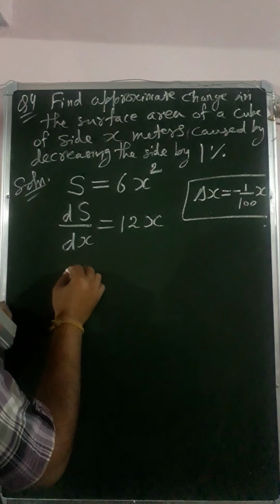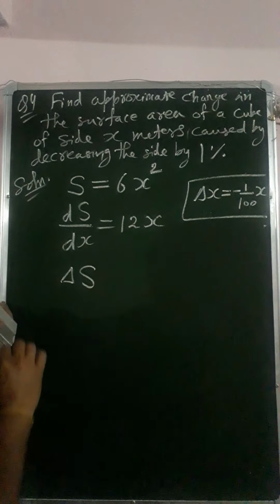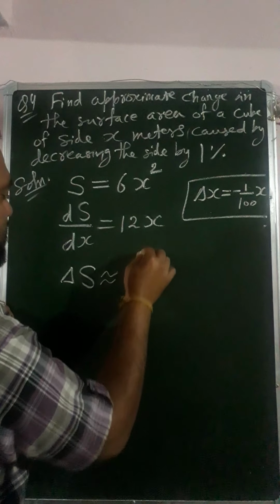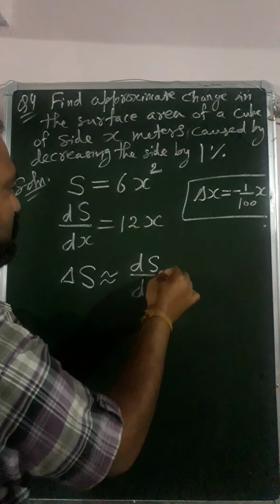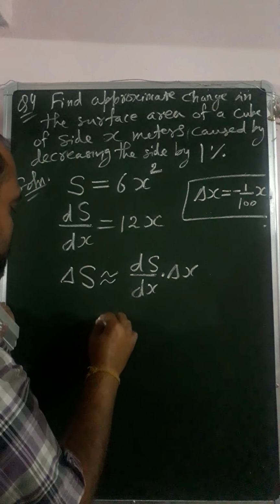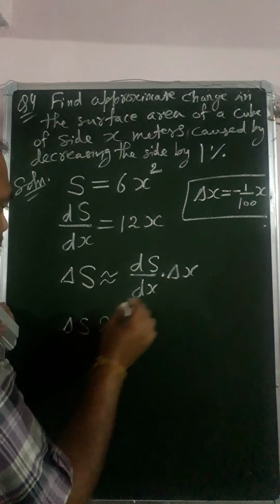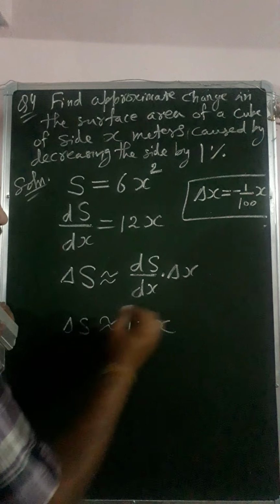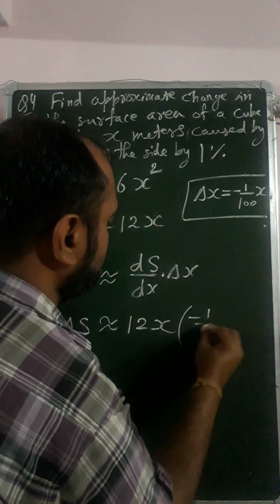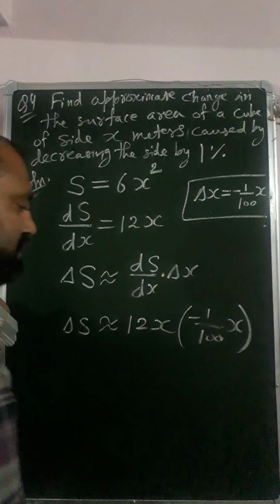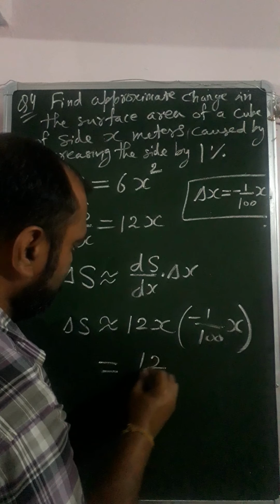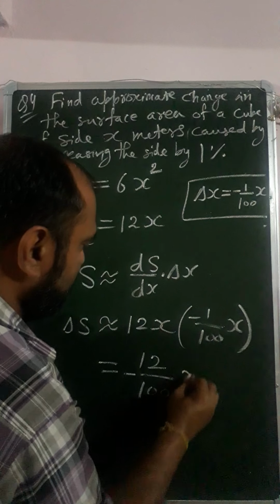As you know, you have to find delta S here. Delta S can be approximately written as dS by dx into delta x. Now put the value of dS by dx, it is 12x, and the value of delta x is minus 1 over 100 into x. So this is equal to minus 12 upon 100 x square.